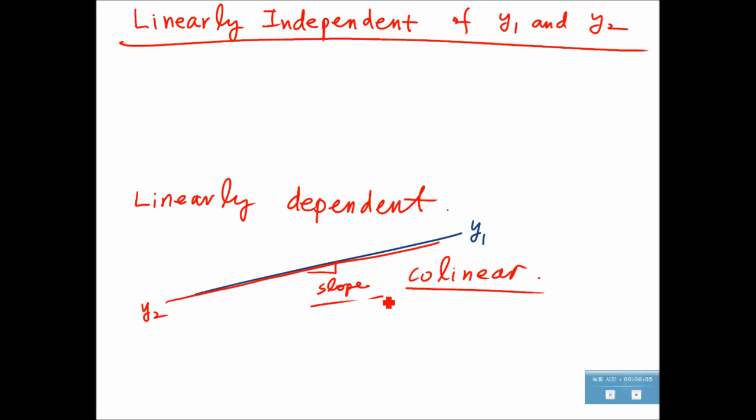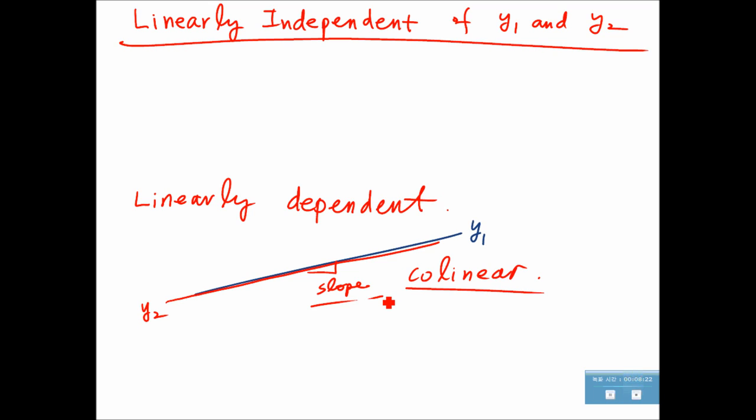You get the feeling of the words, right? Linearly dependent. They are linearly the same. That's the meaning of linear dependence.